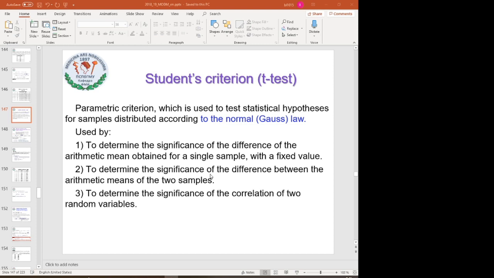We compare mean values between them and check whether this difference between mean values is significant. And the third variant, which we will consider at the end of our lectures, is the significance of the correlation coefficient.